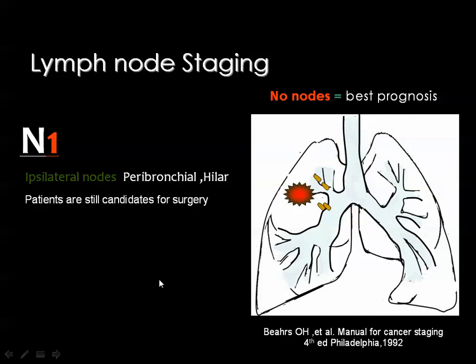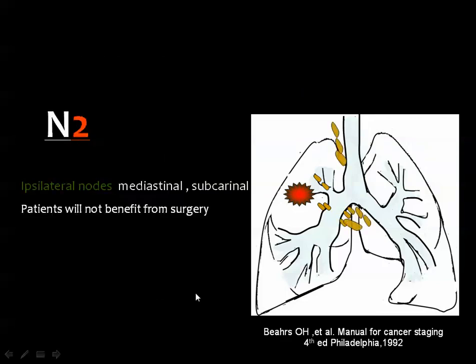In N2, the nodes are more involved, especially in the mediastinum, in the subcarinal area, and these patients, as the literature says, will not benefit from surgery.